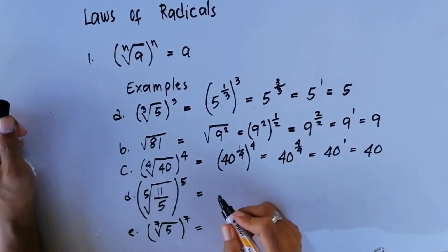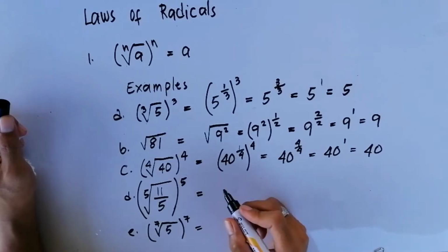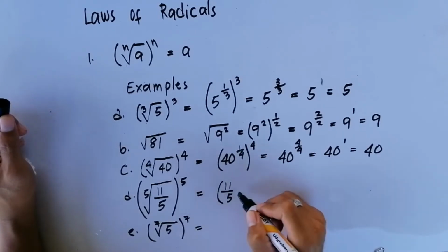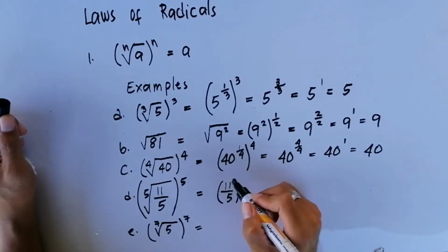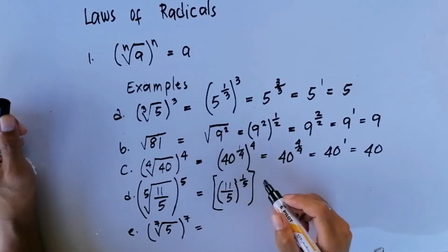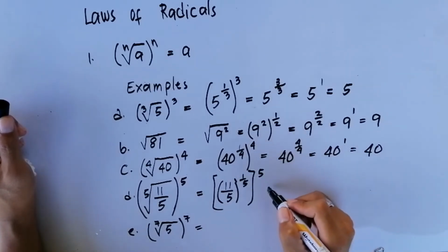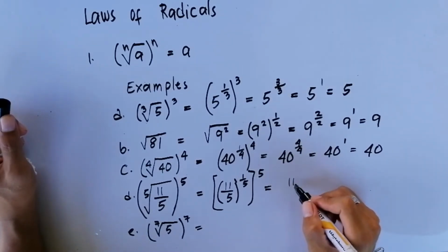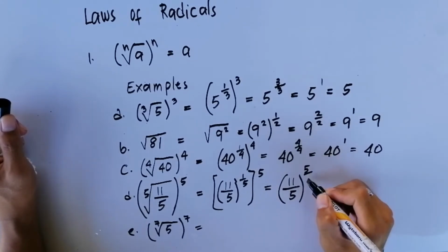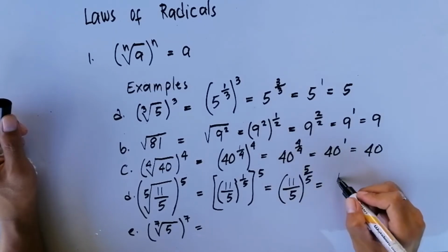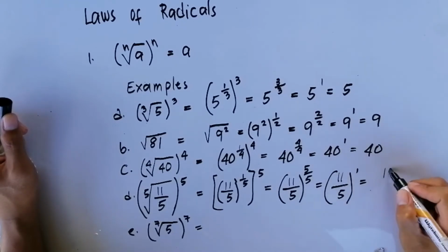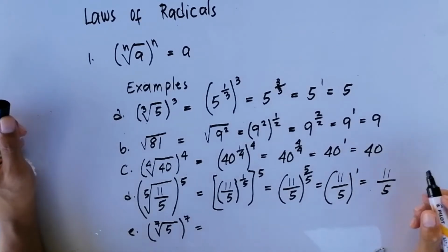For letter D, that is 11 over 5 raised to 1/5 and raised to 5. So that is equal to 11 over 5 raised to 5 over 5, equal to 11 over 5 raised to 1, or that is equal to 11 over 5.